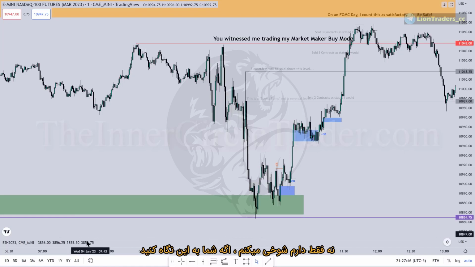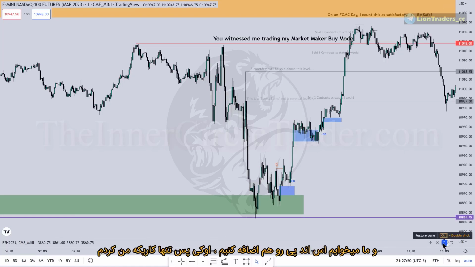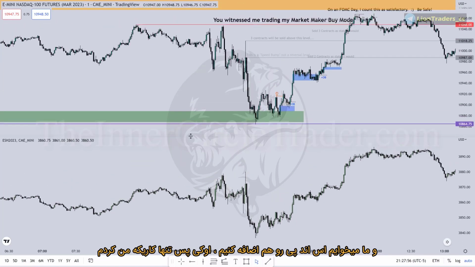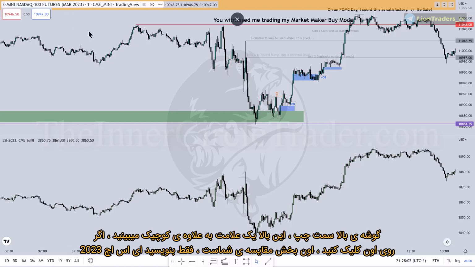If you look at this, we're going to add the use of the ES. Okay, so all I did was compare. And if you're using TradingView, up in the upper left-hand corner up here, you're going to see like a little plus symbol. If you click on that, that's your compare utility.